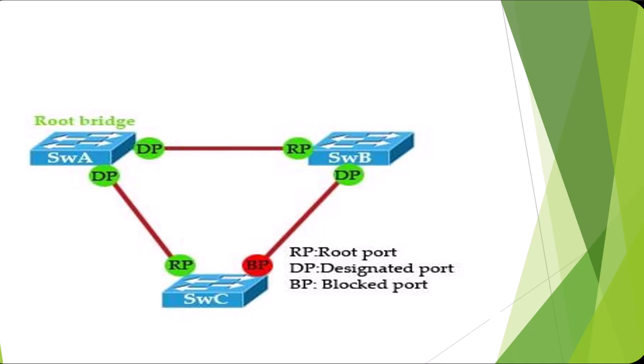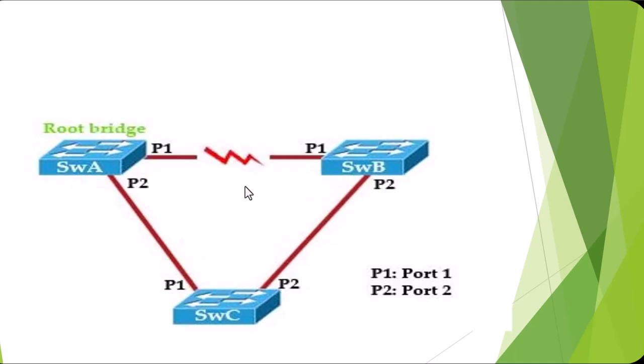And as you can see, this port in switch C, again the closest cost is this directly connected link, which is called the root port, and the other port which has the higher cost is put into non-designated and blocking port. And again, if this link goes down, the other one will be put into the forwarding state.